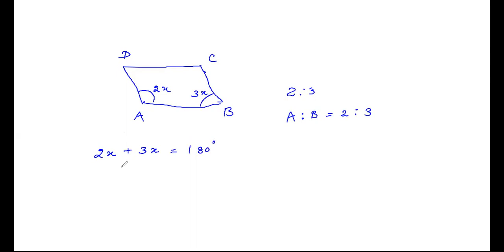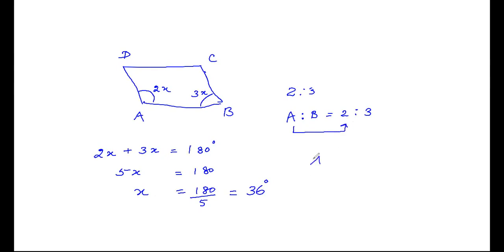So now 2x plus 3x is equal to 5x, that is equal to 180. So x is equal to 180 by 5. What is 180 by 5? 3 fives are 15, remainder 3. So 30, 6 fives are 30, right? 36 degrees.